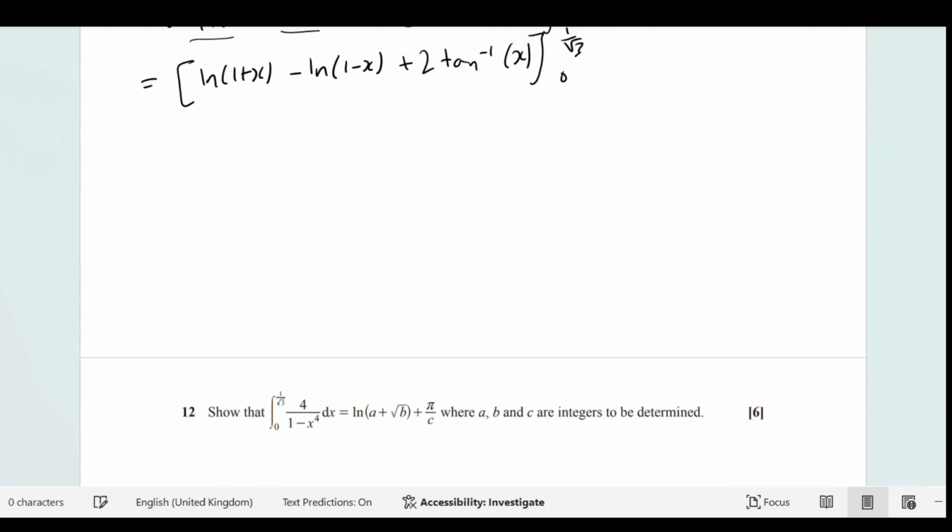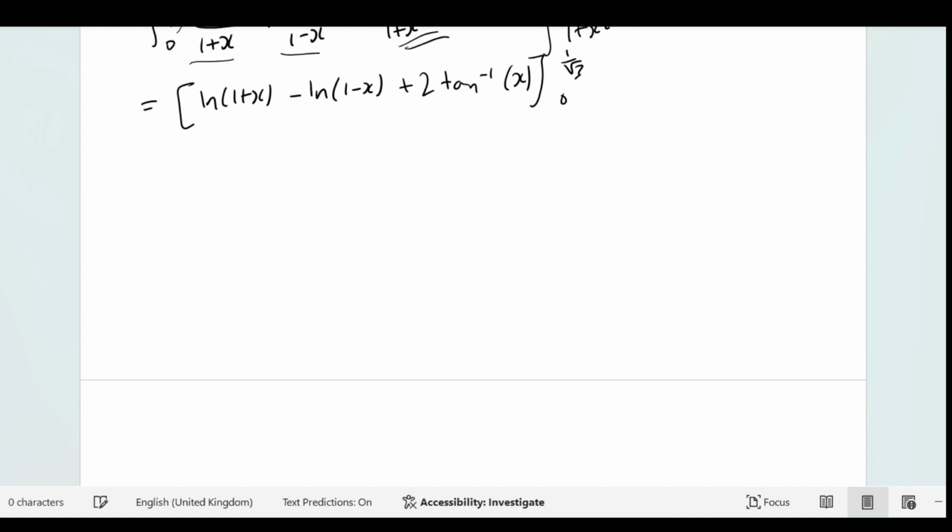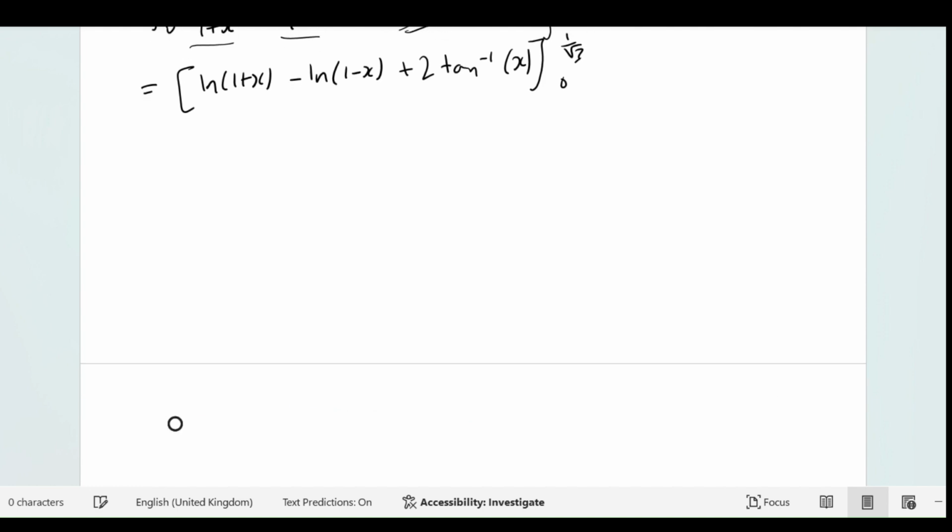Now I'm going to delete this. We're going to just plug in the values, so we get ln(1 + 1/root 3), negative ln(1 - 1/root 3), plus 2 tan minus 1 of 1 over root 3, and then take away. So ln 1 is just 0, so take away 0.